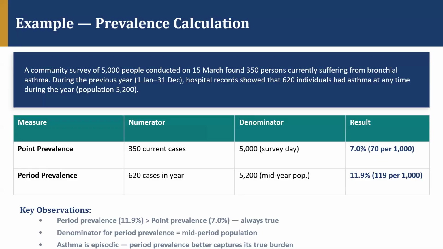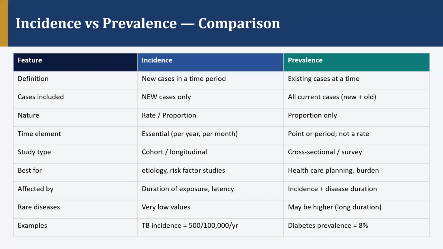So next is the incidence versus prevalence comparison. Incidence is the new cases in a time period, whereas prevalence is the existing cases at a time point. As for cases included, in incidence only new cases are included, whereas in prevalence all current cases, new plus old, are included. As for the nature, incidence is a rate, and prevalence is only a proportion.